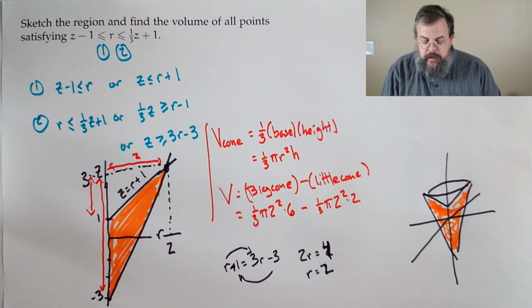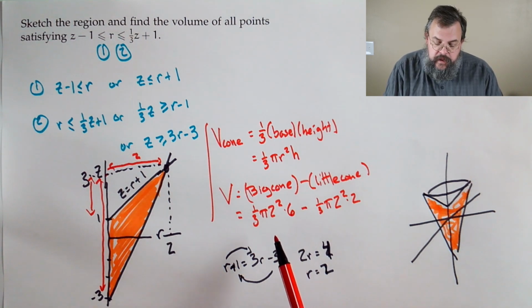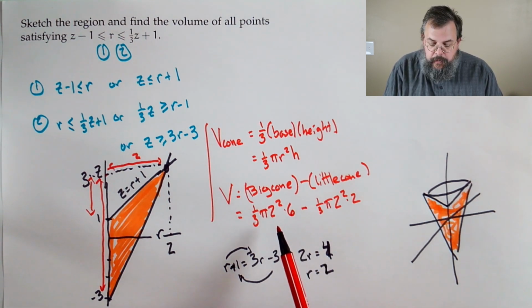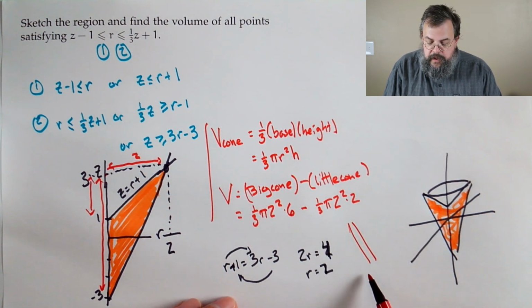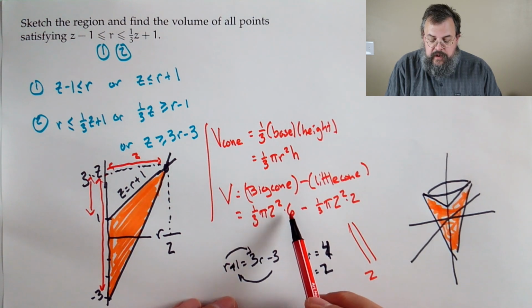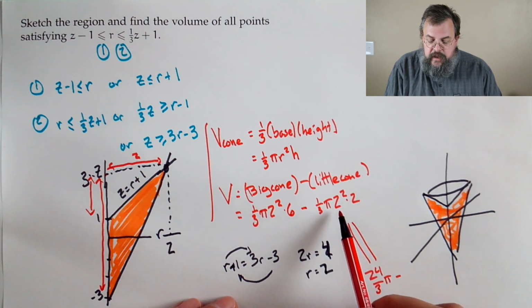Well, we're almost there, and now do a little bit of multiplying. So we get 24/3 pi from the first one, because 2 squared is 4 times 6 is 24. 24/3 pi. Subtract. Here we'll get 2 squared times 2, that's 8.